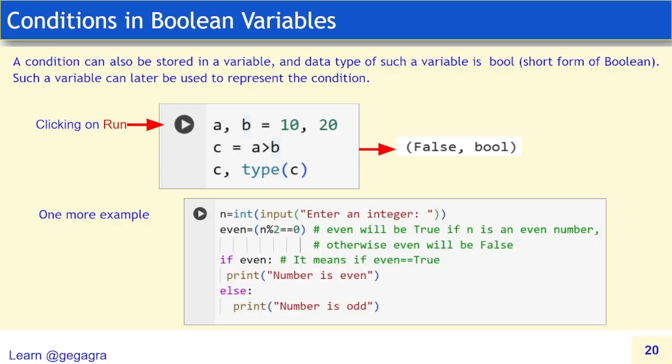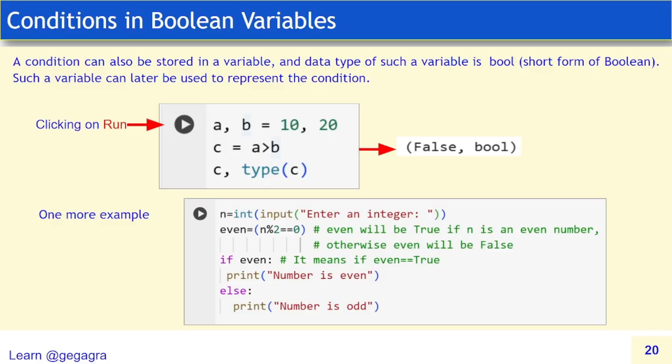Now next, one more example. If you look at this program example, I have taken the value of n in the form of integer. Then I have used one identifier, that is even, and the expression, in the form of a condition, n modulo 2 is equal to 0.